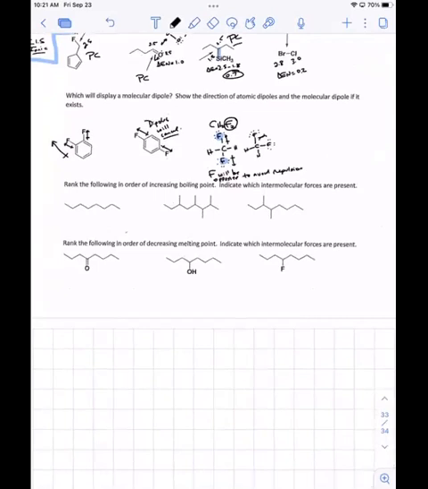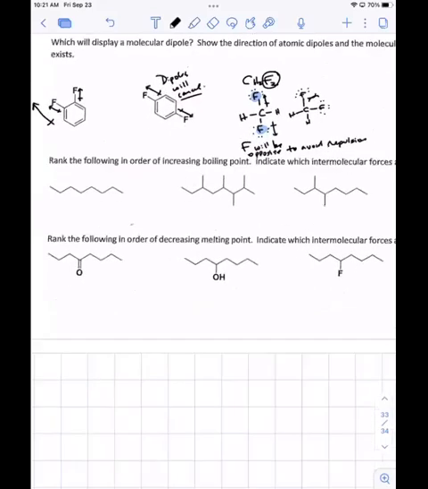So when we think about intermolecular forces, those intermolecular forces are going to be dictated by what functional groups are present. So in this case, it's asking now, it says rank in order of increasing boiling point. We're going to drill down on that a little bit. And it says indicate which intermolecular forces are present.